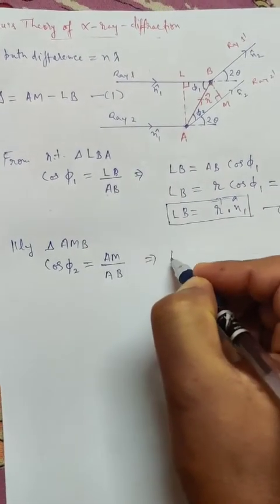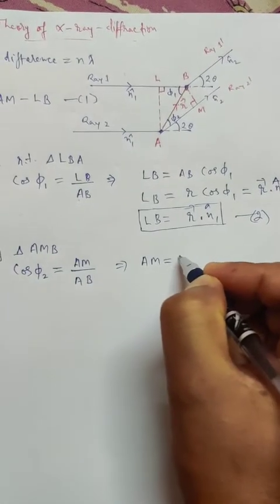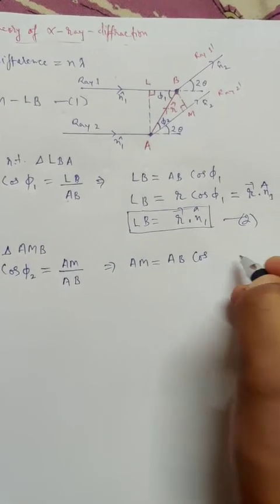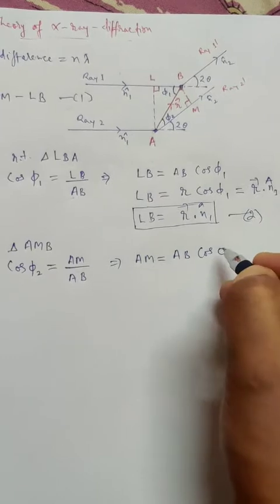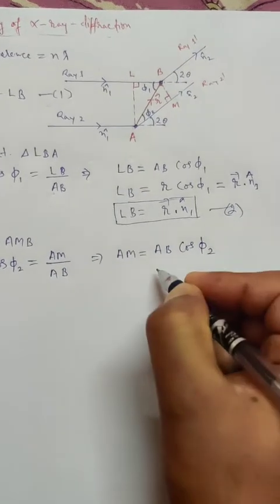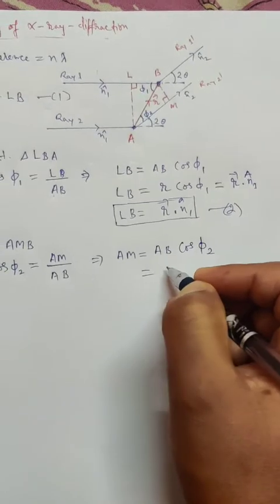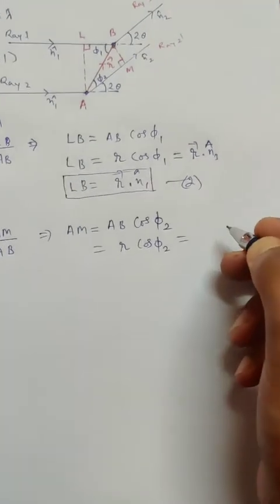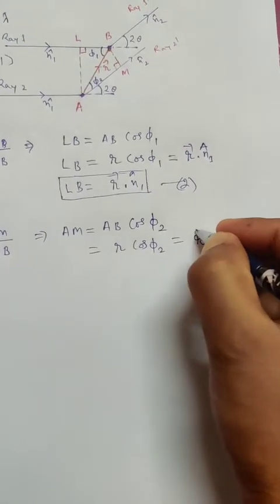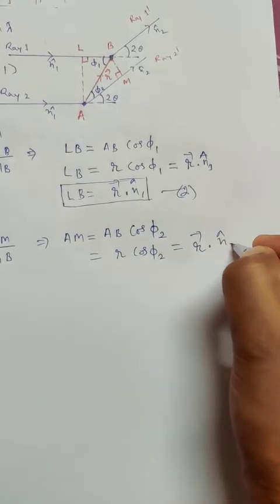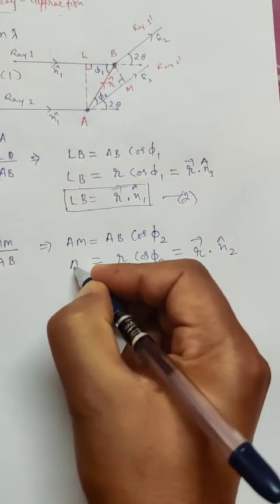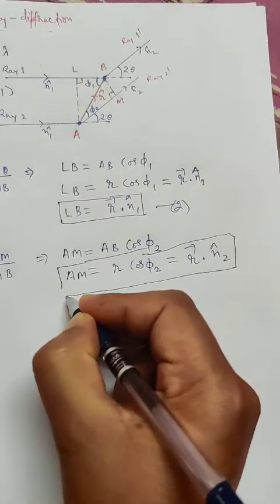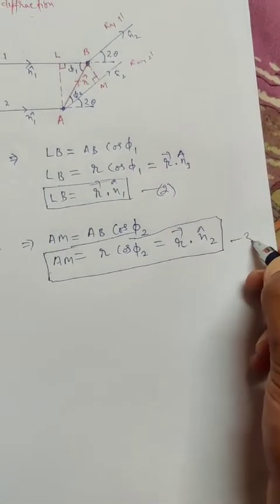Therefore AM will be AB cos phi 2, where AB is R. So it can also be written as a dot product: R vector dot n2 unit vector. This is AM, equation number 3.